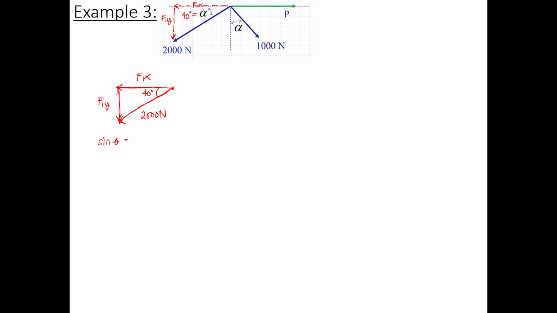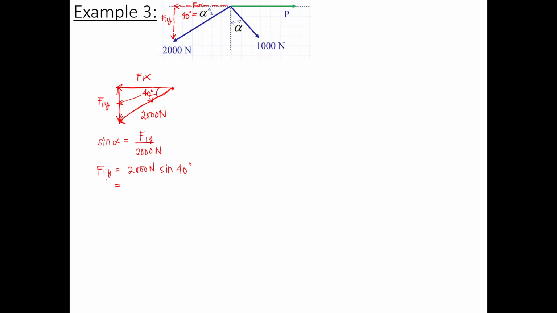Sine alpha, since alpha is the one we use, is equivalent to the opposite side of the angle, that's F1y, all over the hypotenuse. The hypotenuse is the longest side, which is the 2000 newtons. So F1y is equivalent to 2000 newtons times sine 40 degrees.